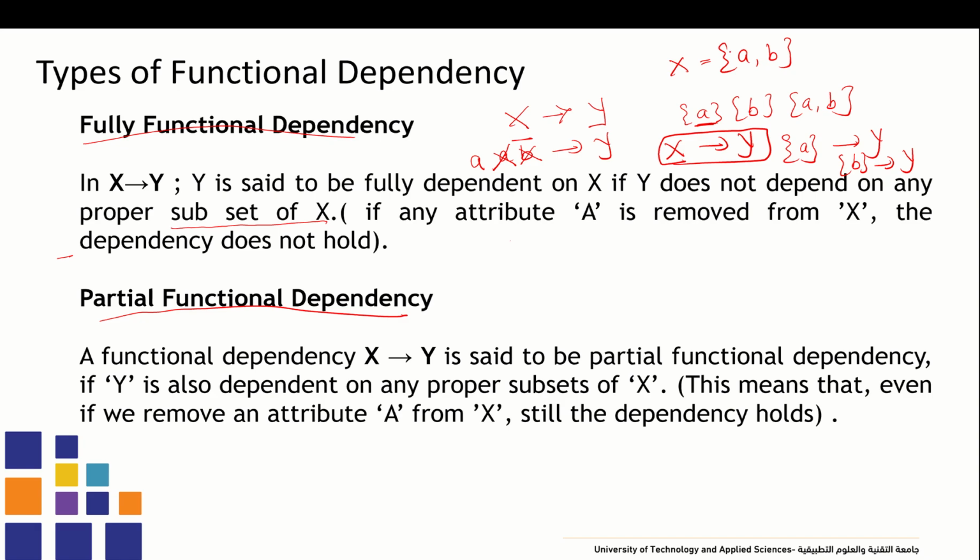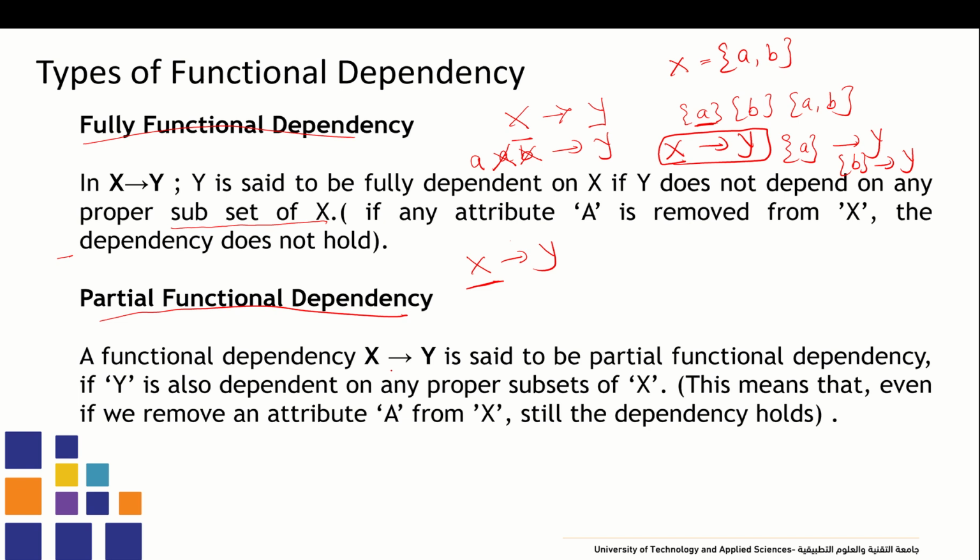It means you should not be able to remove anything from this set. Both A and B should be required to determine Y. That is the meaning of fully functional dependency. So in short, if X has more than one attribute, you should not be able to remove any attribute. If you remove an attribute and you are still able to determine Y, then it is not fully functionally dependent.